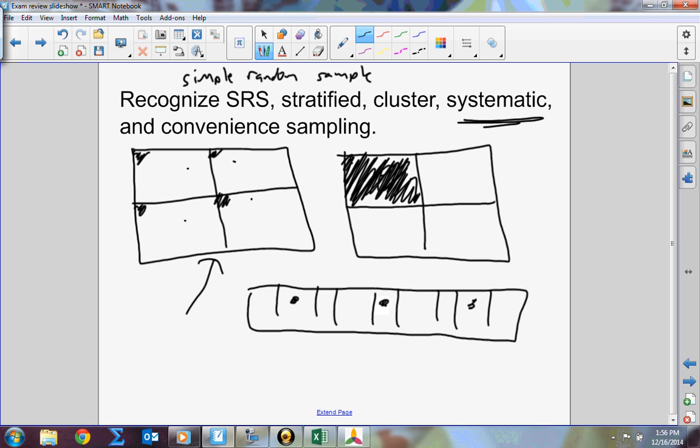And then convenient sampling is just what it sounds like, doing something that's really easy. Maybe I want to find out what kind of music high school students across the country listen to. So what I do is I poll people here at good old MPCS. And that would not be a good sample. Well, maybe it'd be a good sample, but it'd be convenient.